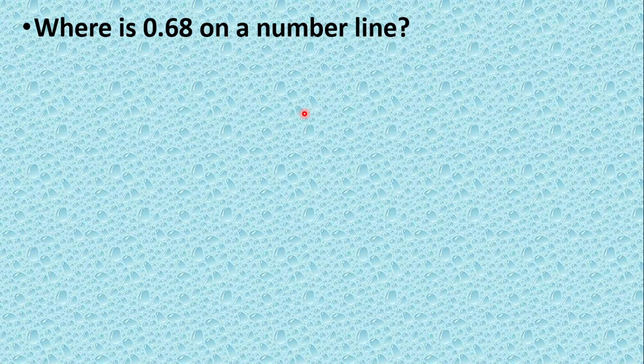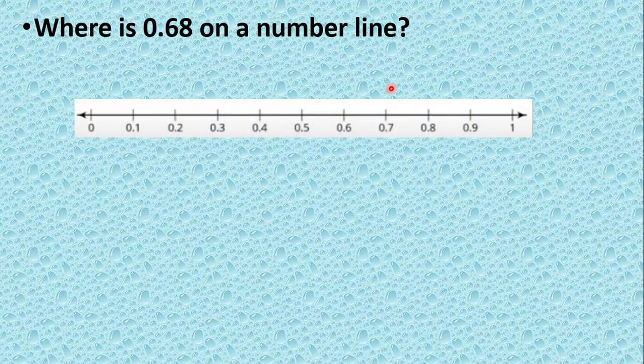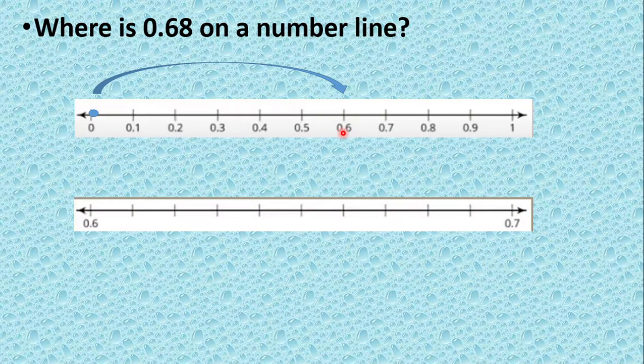How do we represent 0.68 on a number line? We should know that 0.68 is between 0.6 and 0.7. We follow the same steps as before. We start at 6/10. So we jump to 6/10 and count 8 spaces.